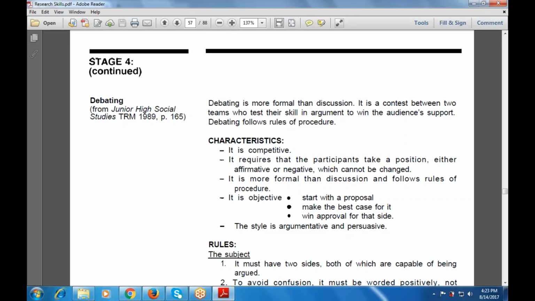It requires that the participants take a position, either affirmative or negative, which cannot be changed.